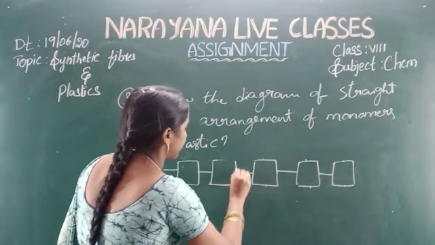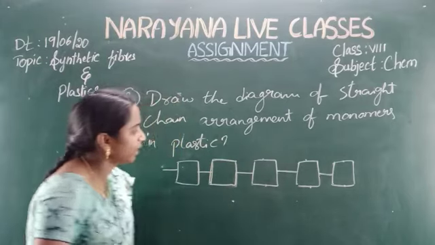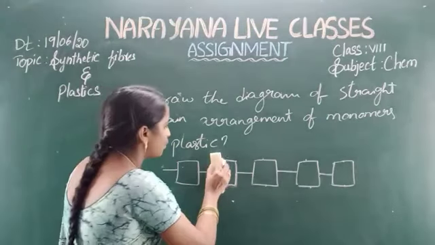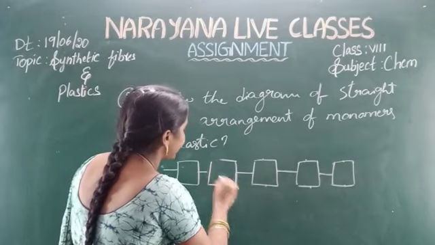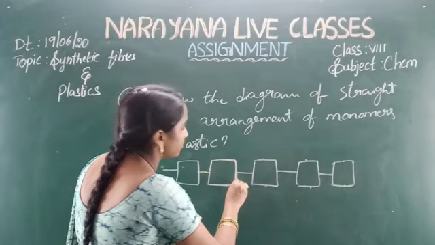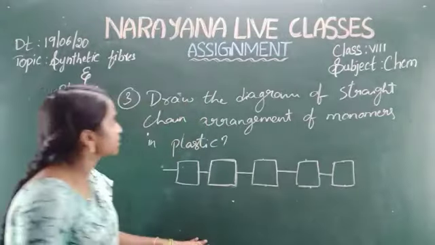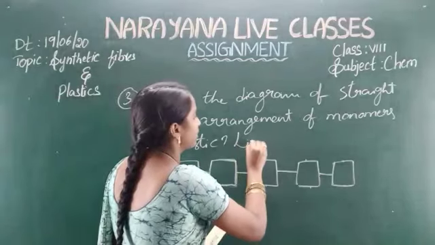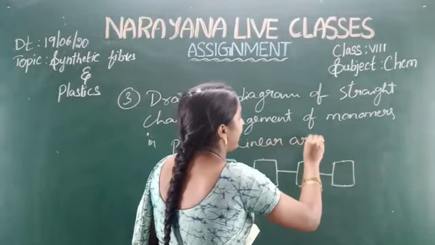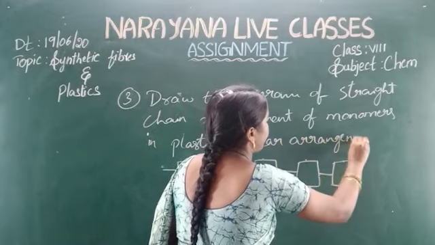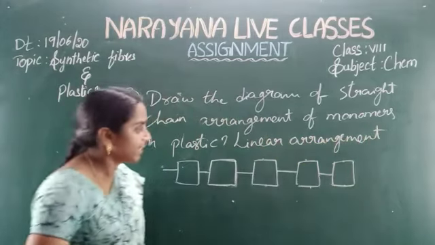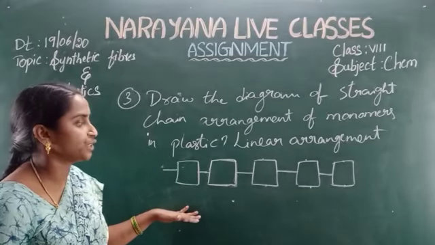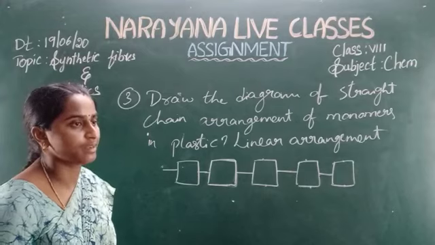In this diagram, we can observe that this is one monomer, and all these monomers are repeated and arranged in a straight line. So, this is called a straight chain or linear arrangement of polymer. They are arranged linearly, in a line. So, this is called the linear arrangement of monomers in a plastic.